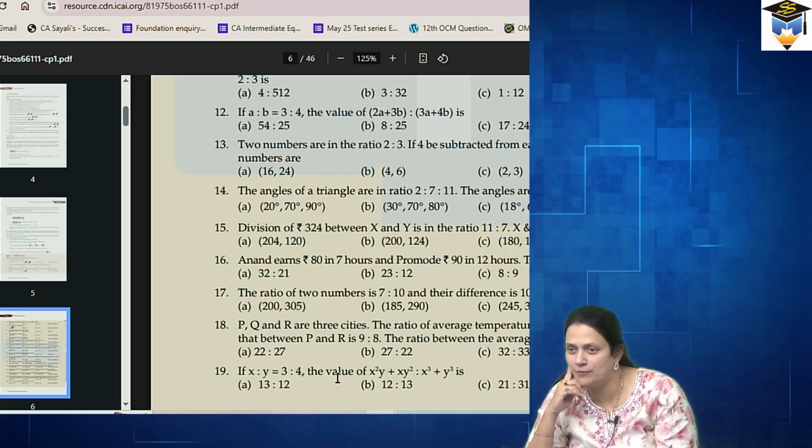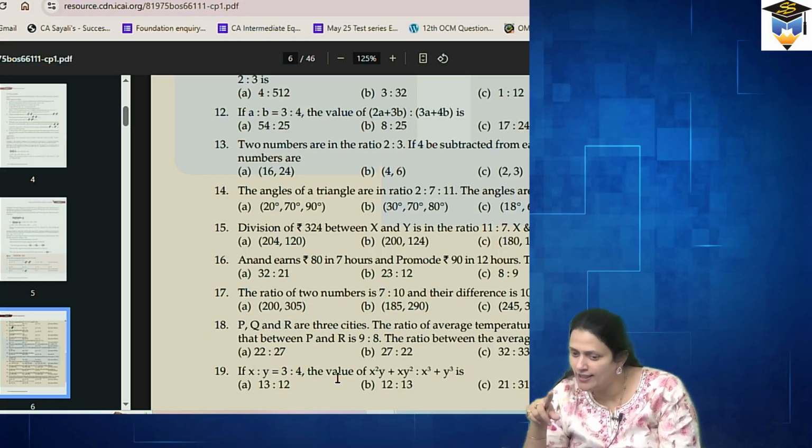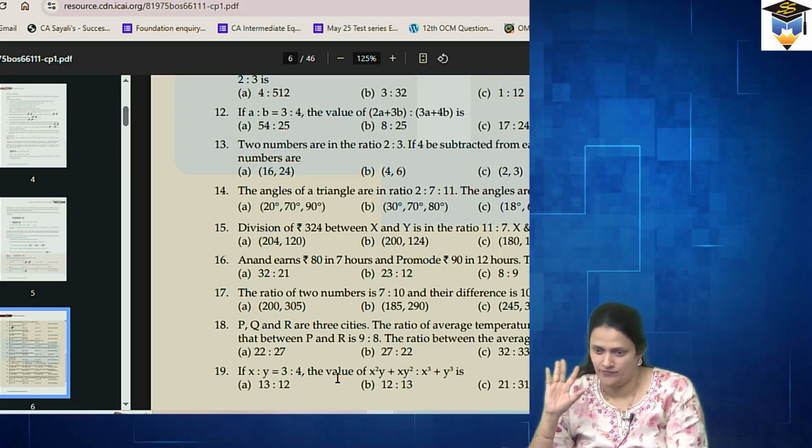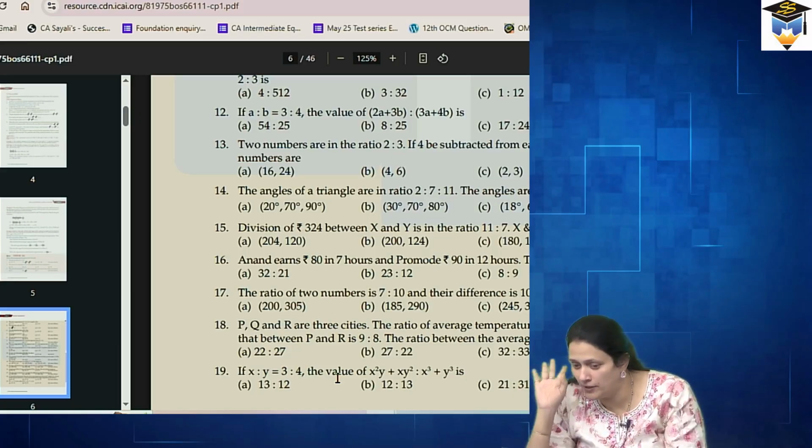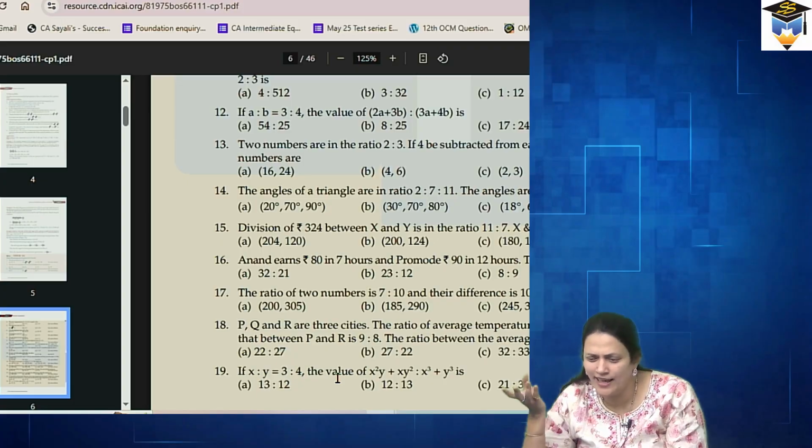Okay, the 15th one Kimaya will tell me, the 16th one Bhavna, the 17th one Priya, the 18th one Param. I think instead of the 18th one, Param, you can try the 19th one.